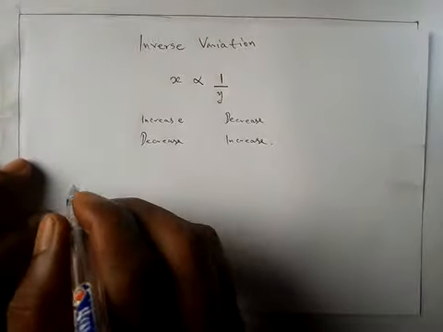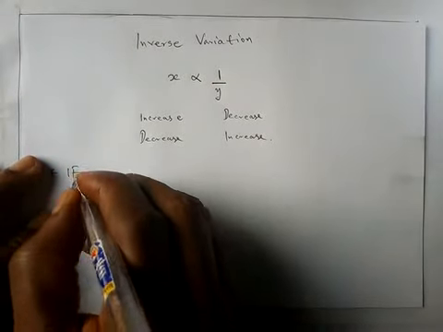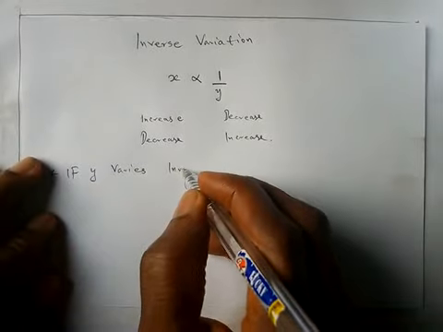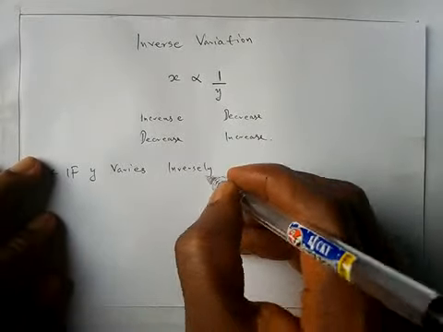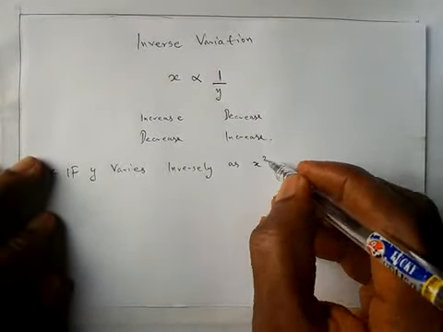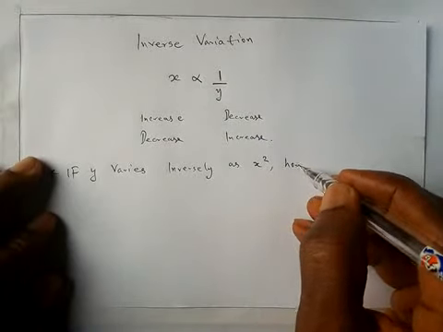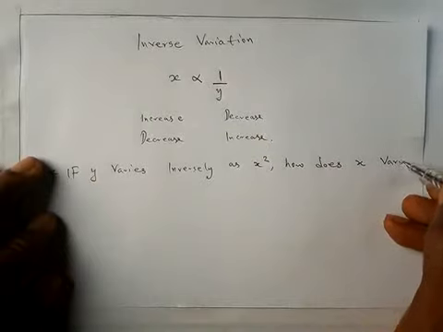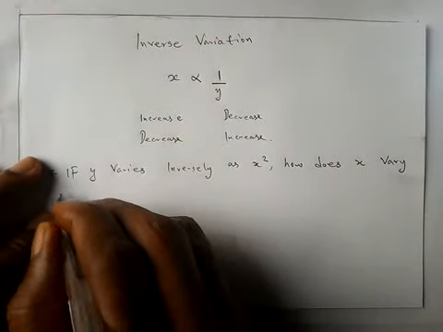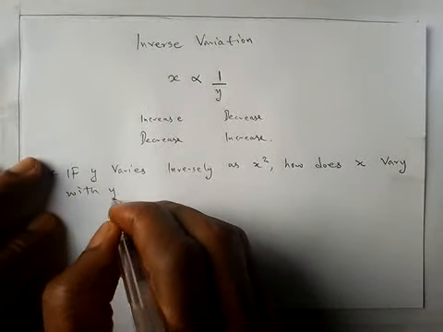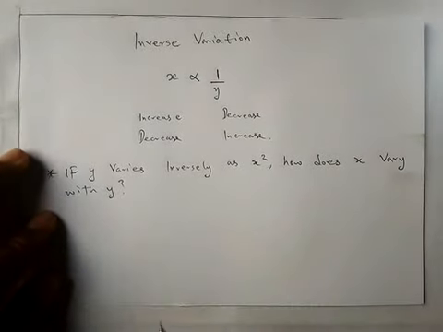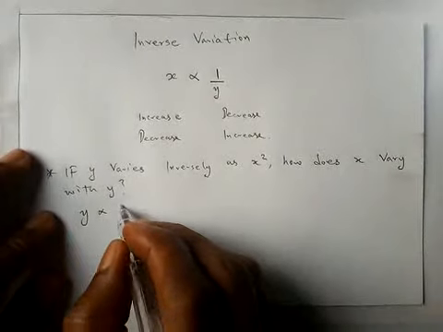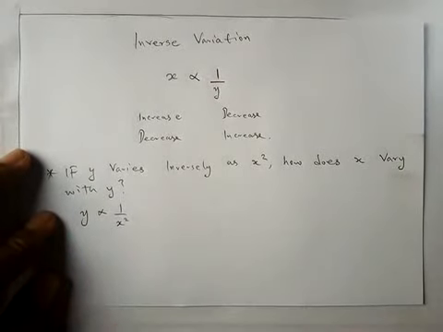It says, if y varies inversely as s squared, how does s vary with y? Okay, so y is varying inversely as s squared.